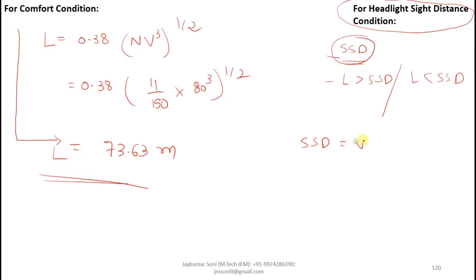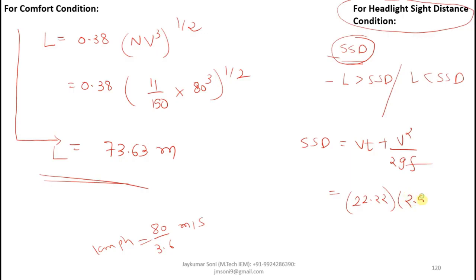The equation is this. Here the V needs to be in meter per second. This V is in kmph, so we will convert this 80 kmph into meter per second by dividing by 3.6. So it will be 22.22.